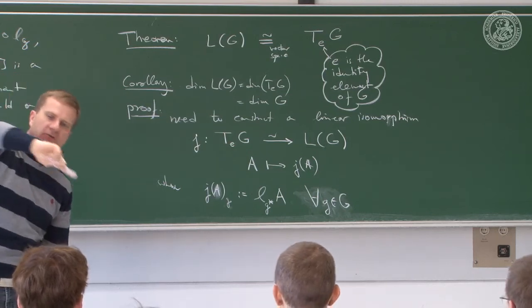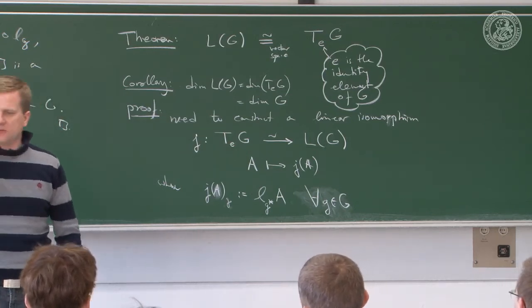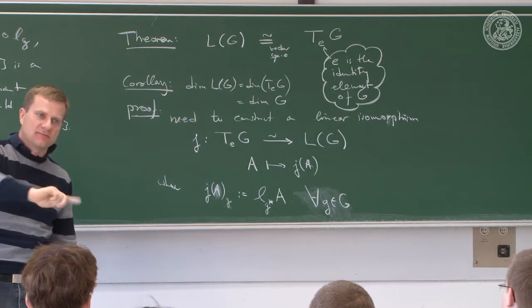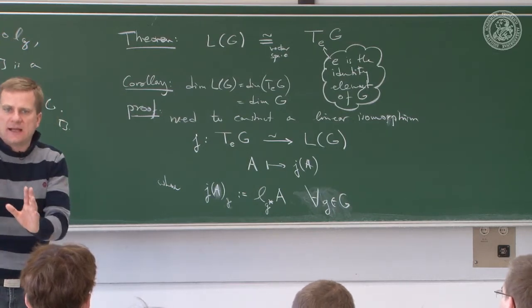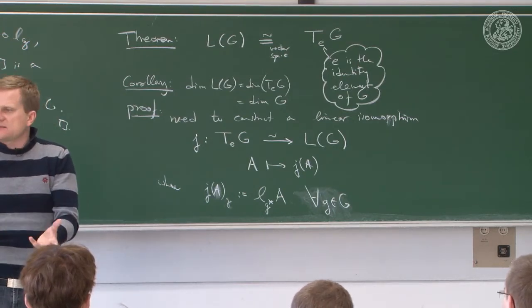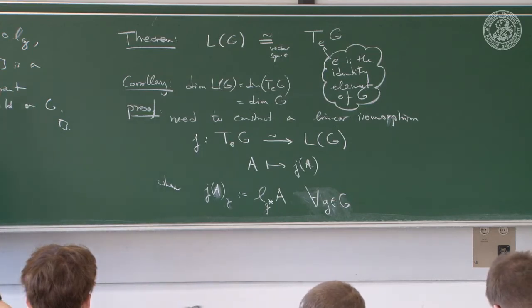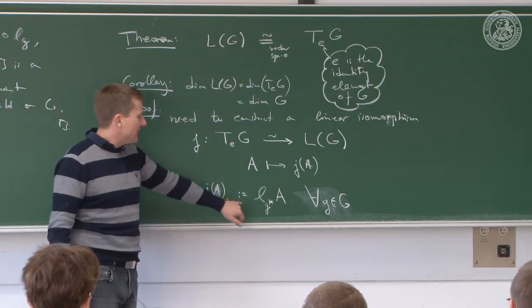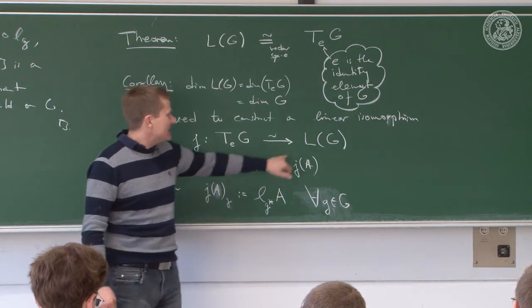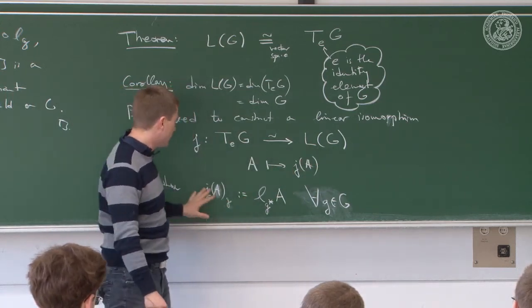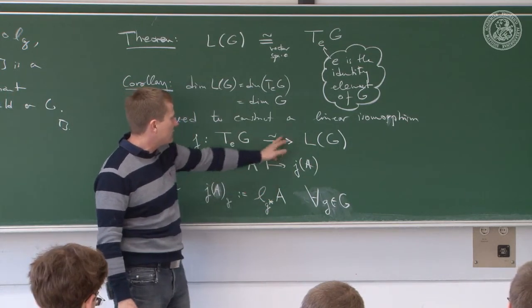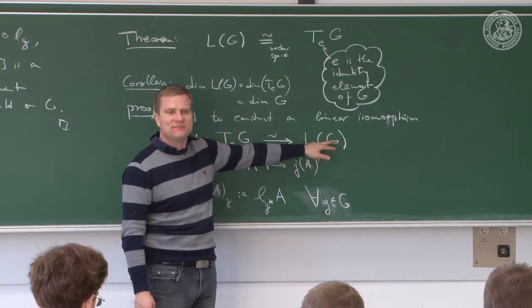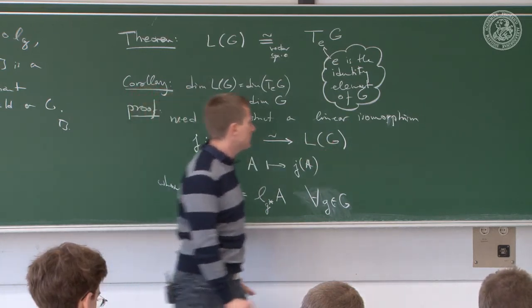Well, I push this forward with respect to all possible L_G, right? And that way I get a vector everywhere. That's a vector field. Now the question is, is it a left invariant vector field? So far, by this construction, I only argued that this is in the sections of TG. But is it left invariant?